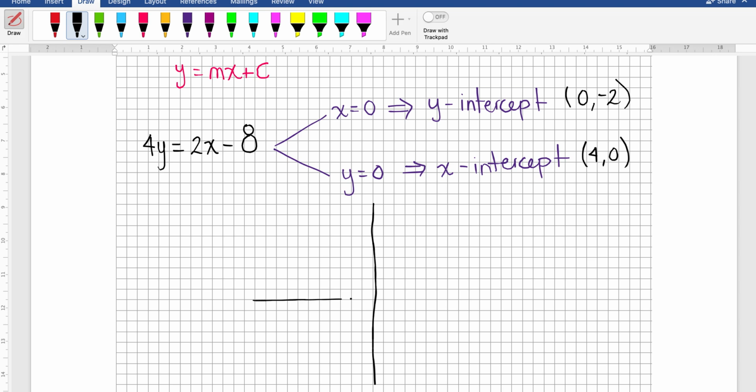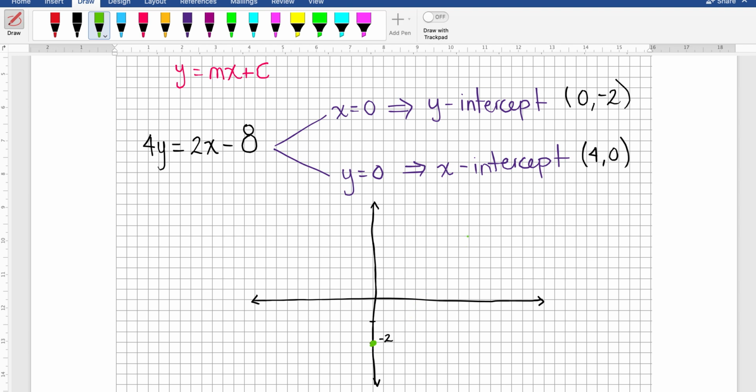This one is my x-axis, and this one is my y-axis. Beautiful. I know that my y-intercept is 0, negative 2. So I'm going to say that this one is negative 1 and this one is negative 2, and I'm going to put my y-intercept here.